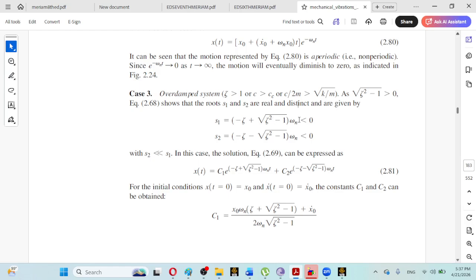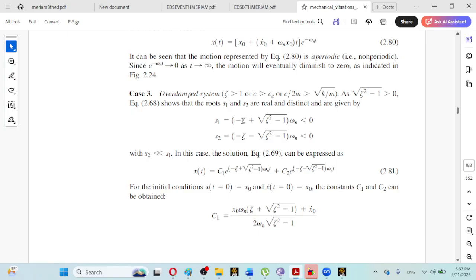Remember, these roots are real and unequal. Here s1 is minus the damping factor plus the square root of damping factor squared minus 1, into omega n, which is less than 0. Both roots s1 and s2 are less than 0, meaning both roots are negative. How?